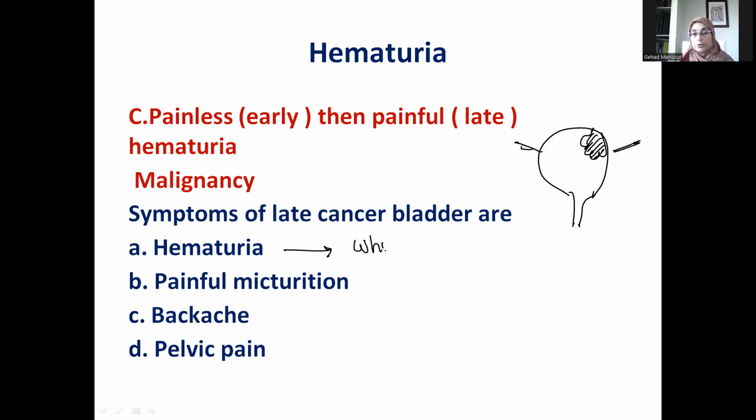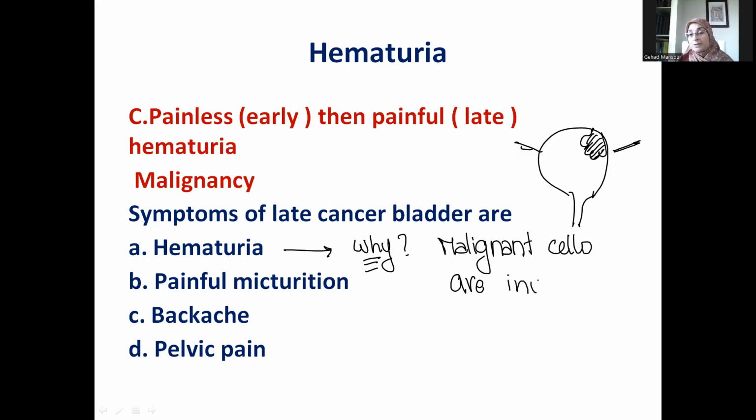And this is the cause of hematuria in case of cancer, because malignant cells, as you know, are invasive. The malignant tumor or the malignant mass is not well demarcated. It has the power to grow rapidly and invade the surrounding tissues.